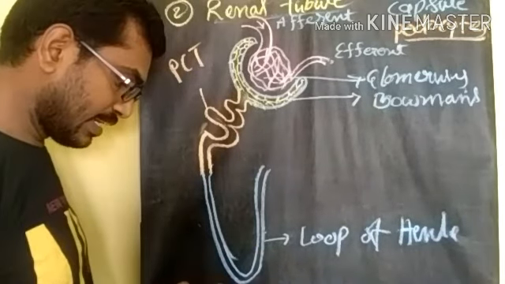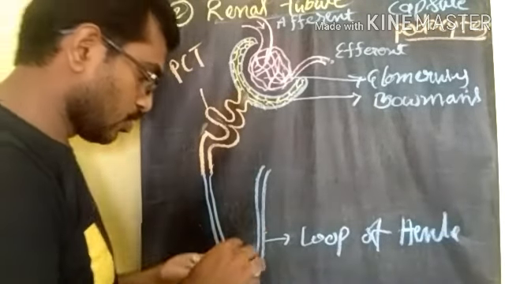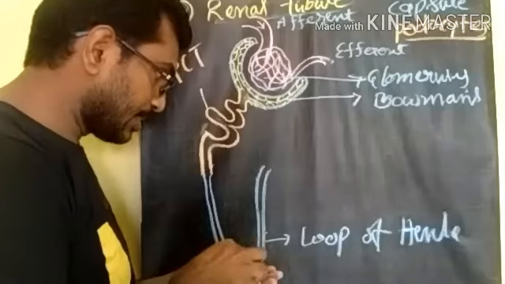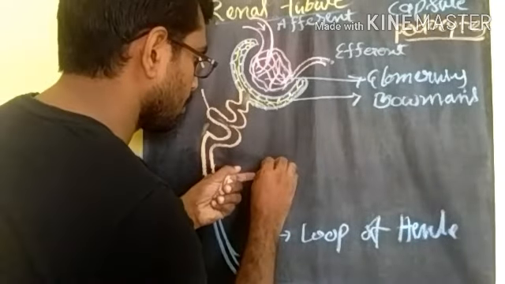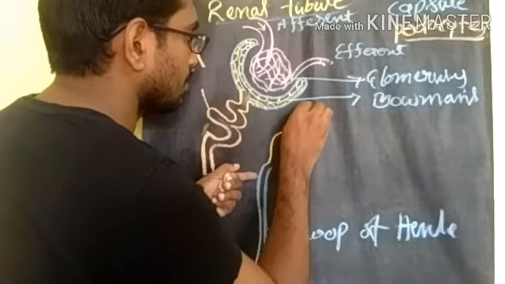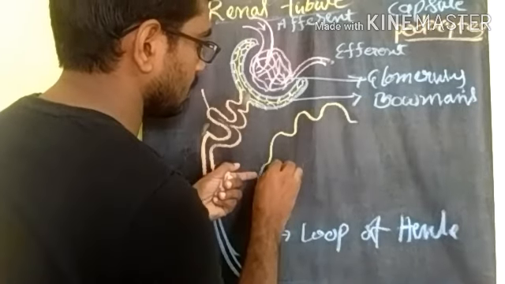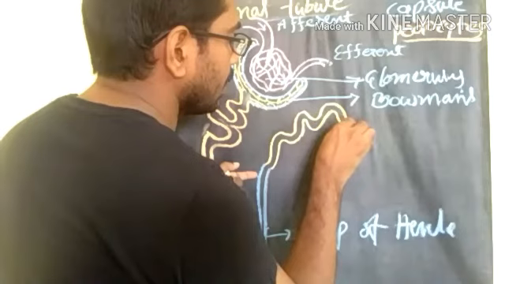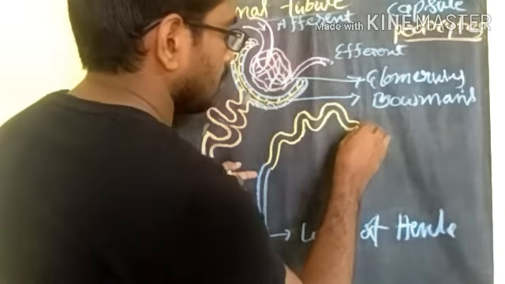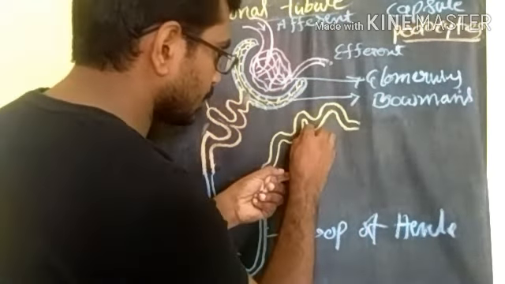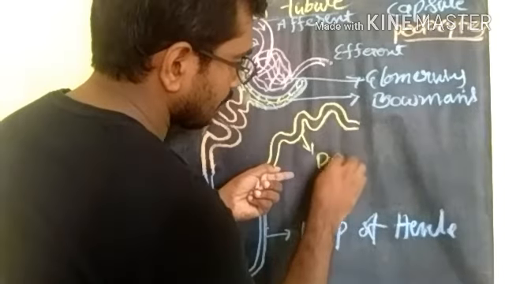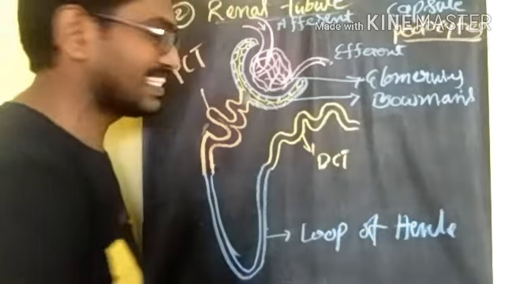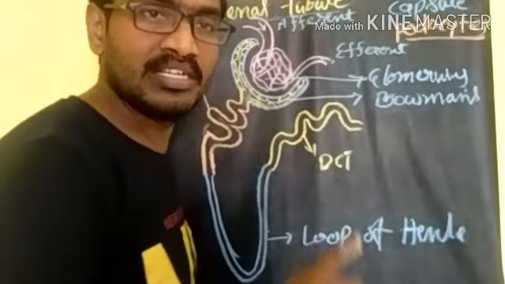Then this loop of Henle again opens into a convoluted structure. This convoluted tubule we call the distal convoluted tubule, DCT.